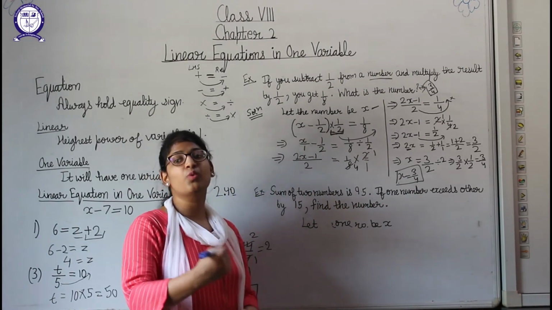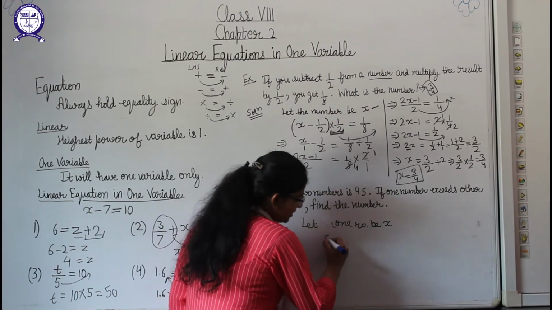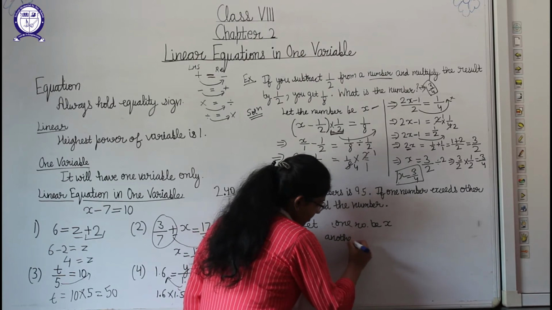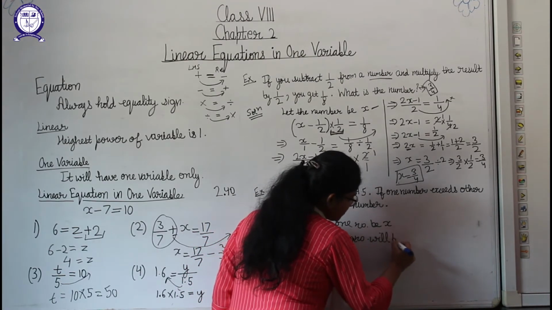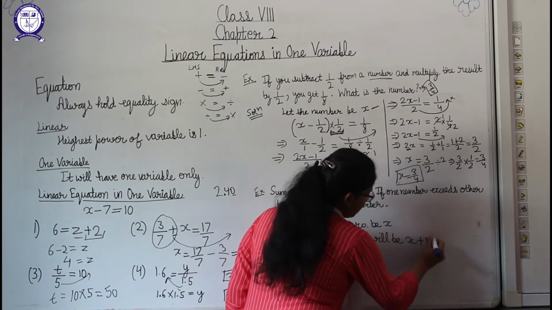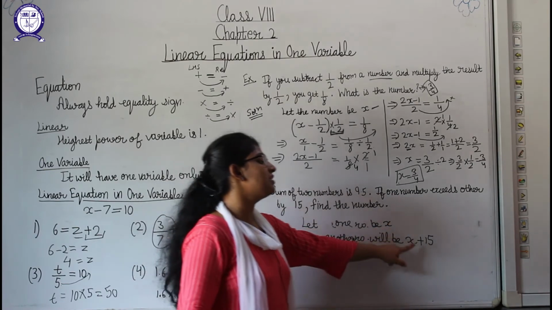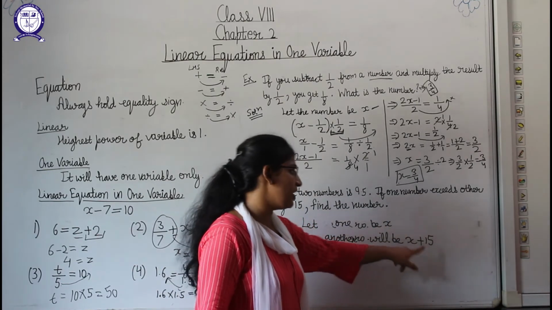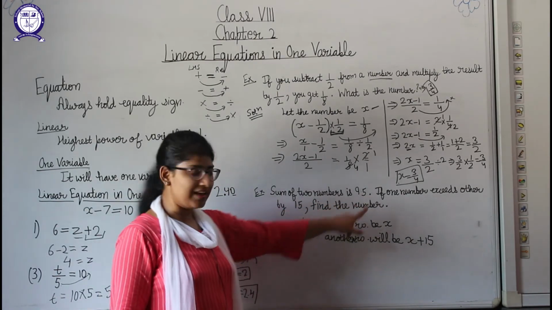Exceeds means it is more than that number by 15. So the other number will be x plus 15. Okay, one number is x and the other number is x plus 15.